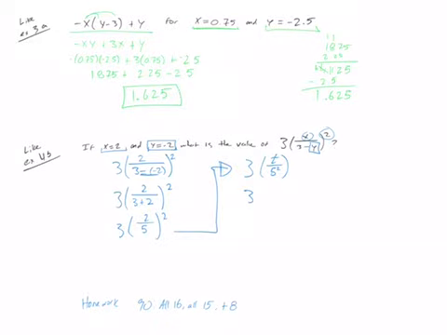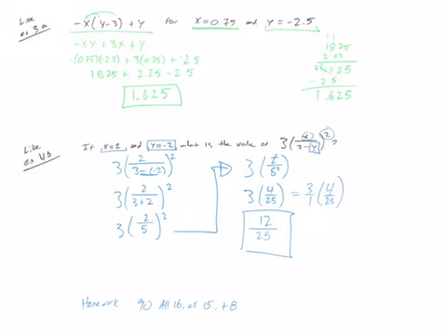It's going to be 3 times 4 over 25. And then if I wanted to, I could think this is 3 over 1 times that 4 over 25. 3 times 4 gives me 12. 1 times 25 gives me 25. And that will be my final answer.